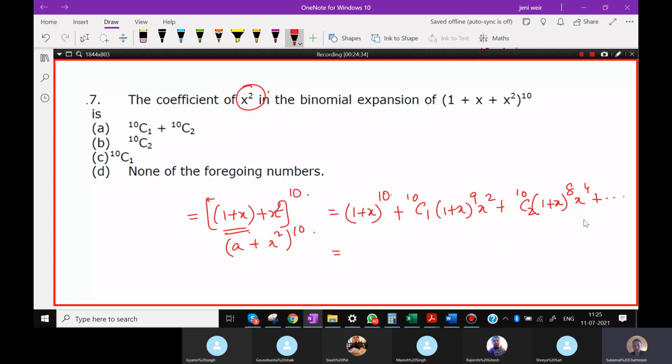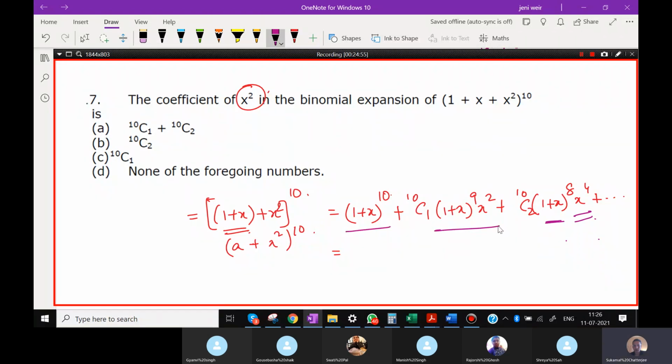If you look at the third term, there is an x to the power 4 multiplier, so all the terms from there onwards get multiplied by x to the power 4. So there will be no x squared term from this term onwards.